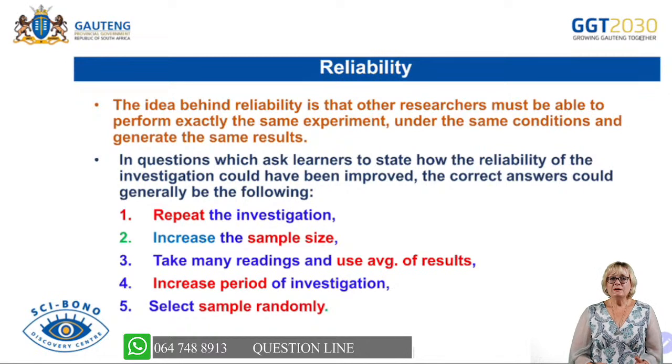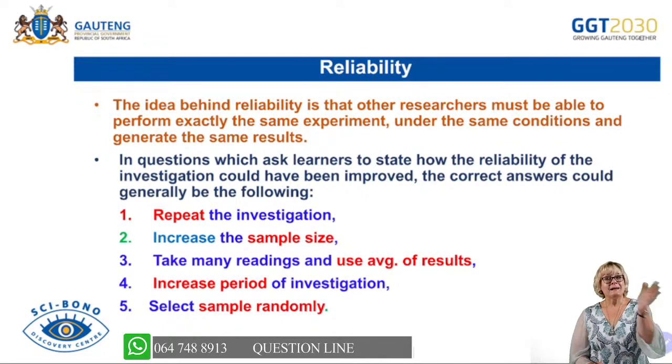First of all, you can repeat the investigation, because the more times you do an investigation and you get the same results every time, then you know they are reliable. Increase the sample size. So instead of only having, let's say, 5 chickens in my experiment, I should rather have a group of 100 chickens in my experiment, because that would mean I've actually tested it more.